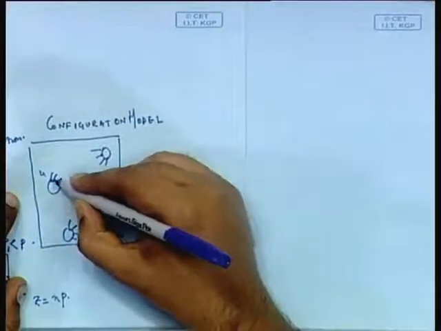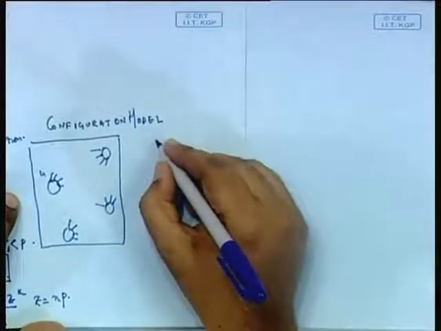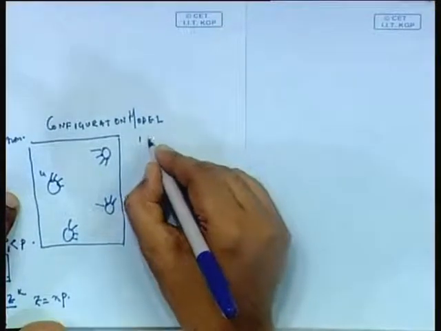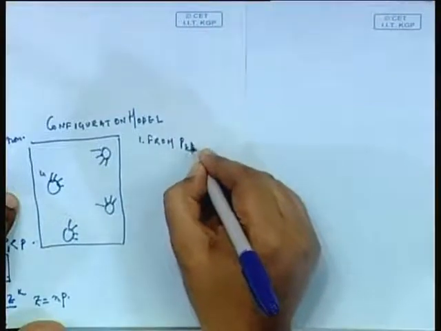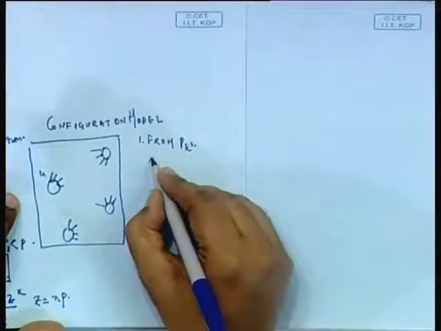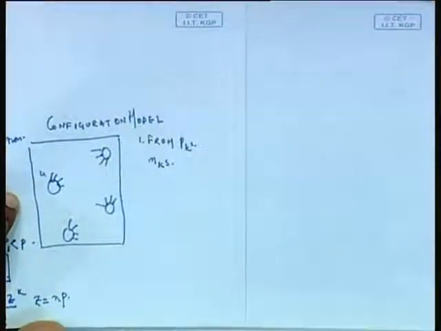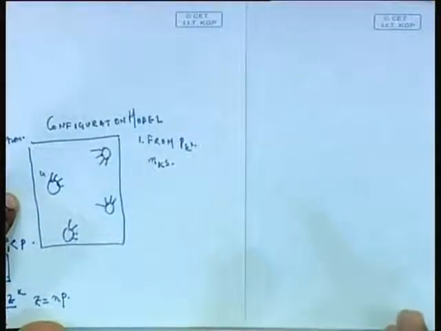From the degree distribution, from the p_k's, you can calculate N_k, that is, how many nodes will have degree 1, how many nodes will have degree 2, how many nodes will have degree 3.